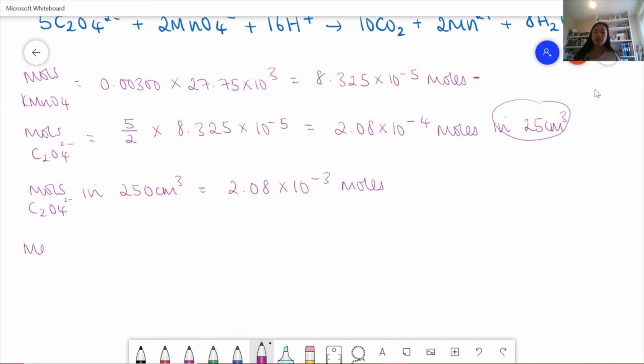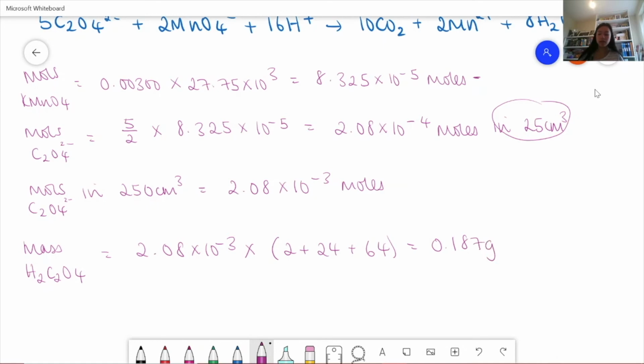The mass of H2C2O4 is moles times molar mass, so 2.08 times 10^-3 moles times the molar mass, which is 2 plus 24 plus 64, and this comes out to be 0.187 grams.